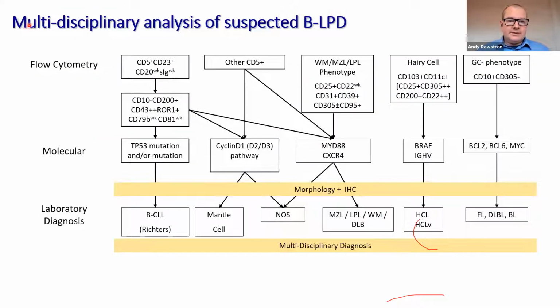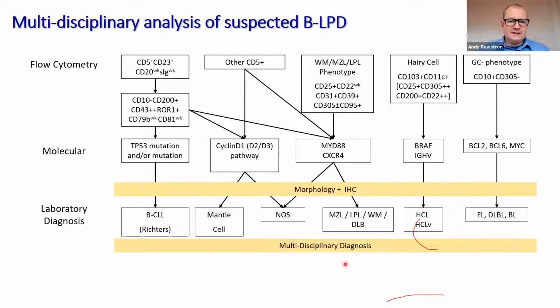So this is how it fits into our multidisciplinary analysis of all B lymphoproliferative disorders. I haven't talked about germinal center phenotype disorders. As I say, in most cases, the majority of the work is done by the histology department. And I haven't talked about hairy cell leukemia because we haven't really got time today.